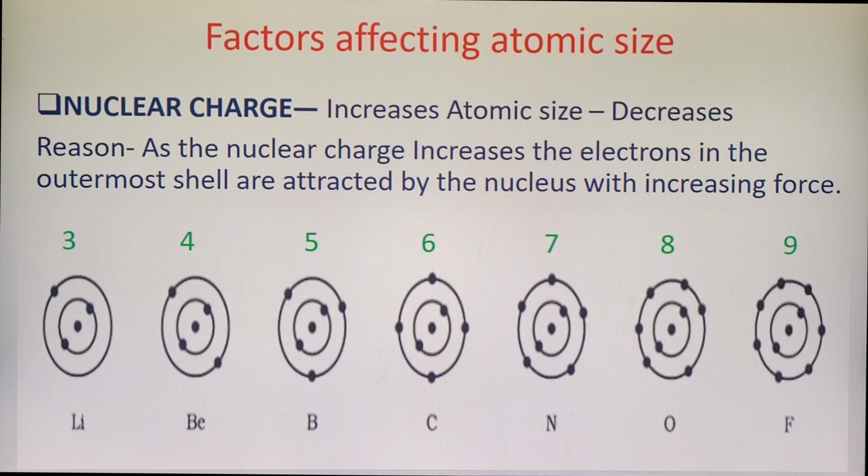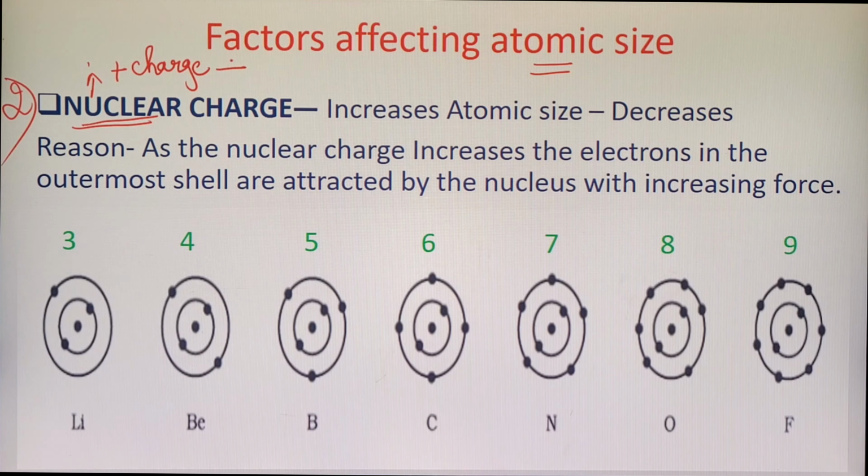Okay. The next factor, or the second factor affecting atomic size, is nuclear charge. Now, when I say nuclear charge, children, it is nothing but the amount of positive charge. Please remember this, because everywhere in the periodic table chapter, this term will be used again and again. Okay, so please learn this. Whenever I use the word nuclear charge, I am referring to the positive charge.